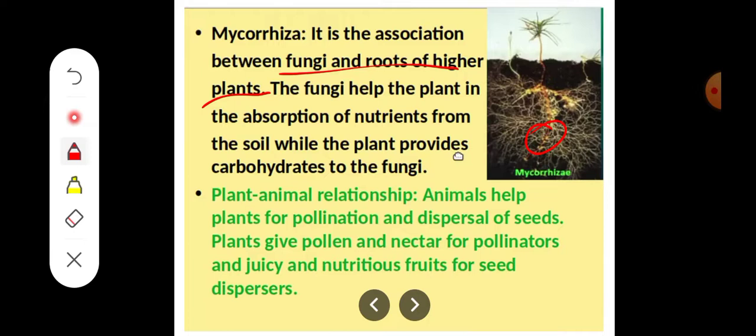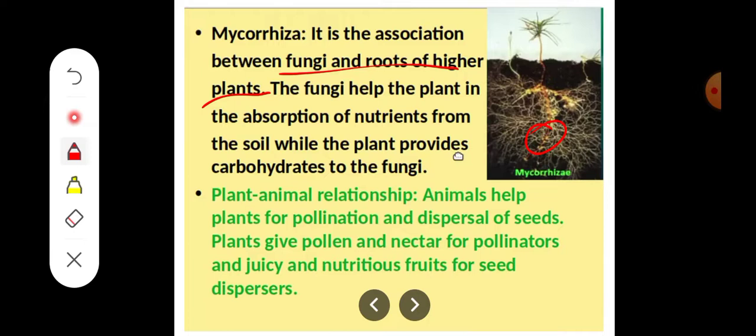So water and minerals are given to the algae by the fungi, and in return the algae will provide food to them. Okay, so this is how the association happens. Clear? Now, there are most spectacular and evolutionarily fascinating examples of mutualism, and they are found in plant-animal interaction relationships.